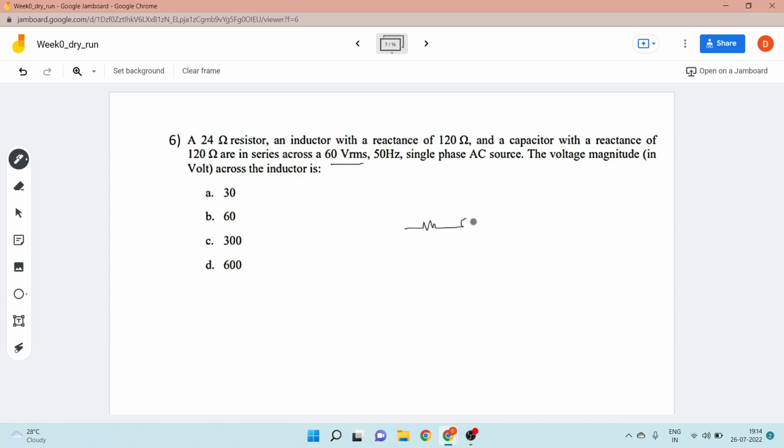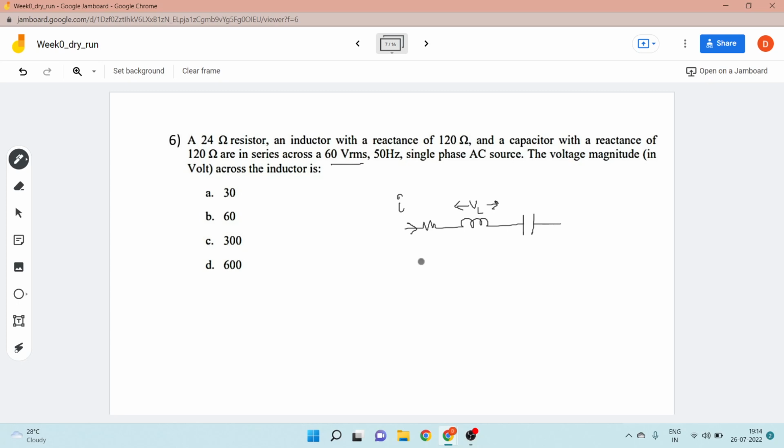So there is a resistance, there is a reactance, and there is a capacitance. We have to find VL. Since they are in series, the current across all the three elements will be same. So if we can calculate the current, we can calculate the voltage across this reactance, right?